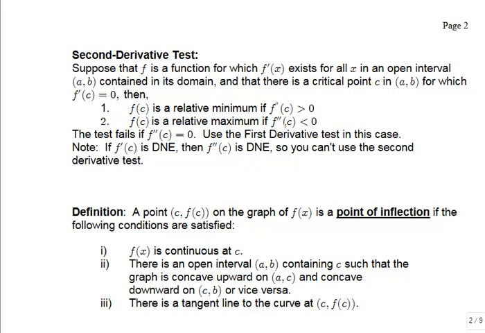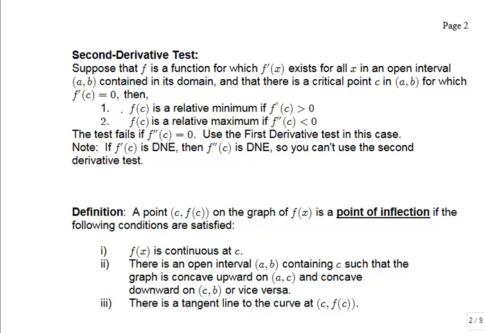So this is what the second derivative test says. Suppose that you have a function f for which the derivative exists for all x in an open interval contained in its domain, and that there is a critical point c in that interval for which the derivative is 0. Okay, so you have to have a place where the derivative is 0, not DNE, but the derivative needs to be 0.